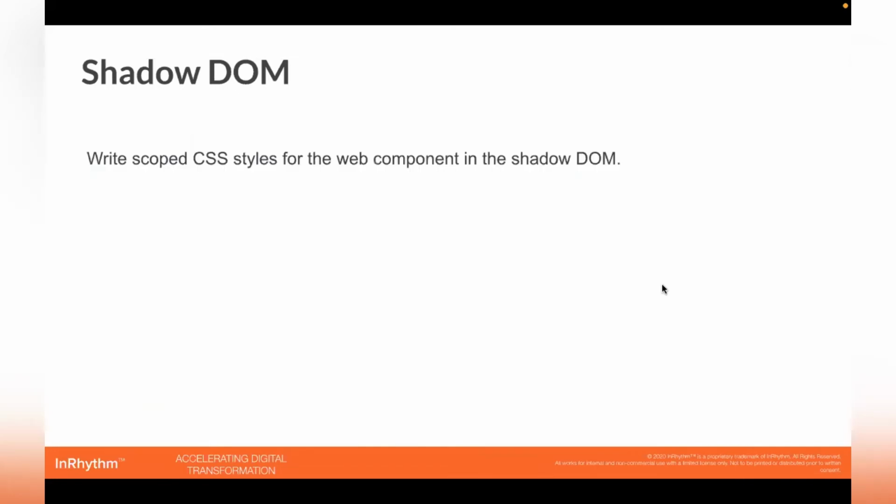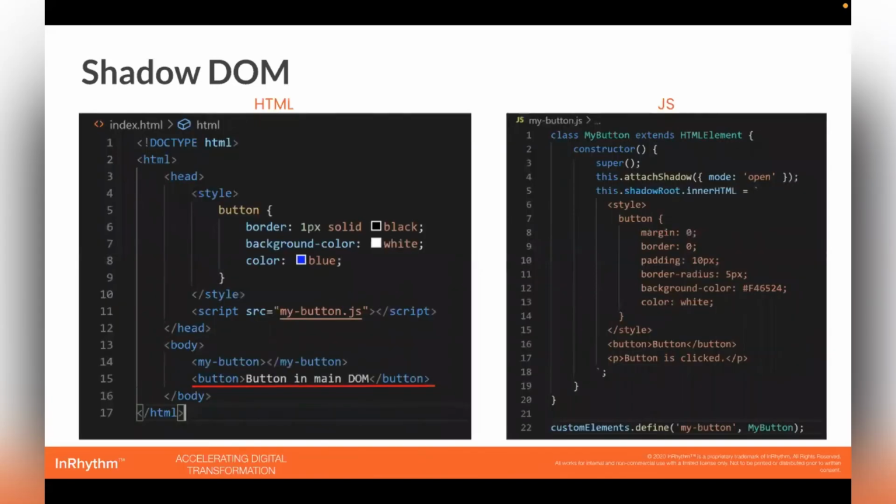Next, I'm going to introduce the way to write scoped CSS styles in the shadow DOM. This is an example here. The left one is the HTML, the right one is the JavaScript file. To write some styles in the web component, we can use the style tag in the HTML elements there.